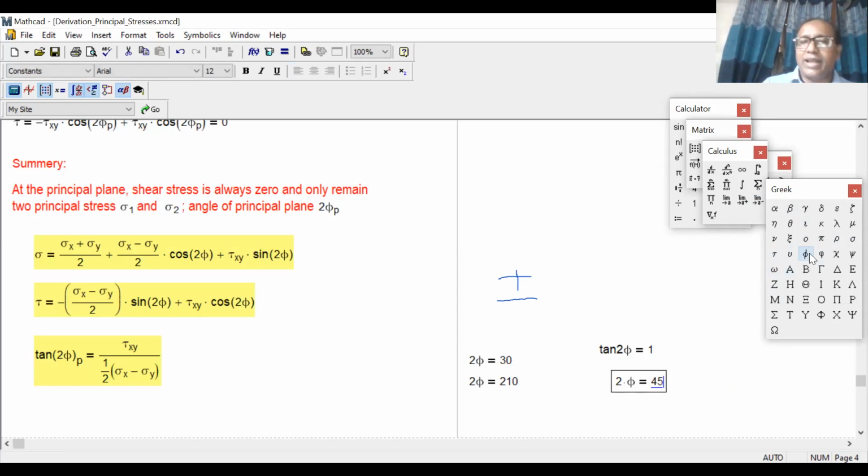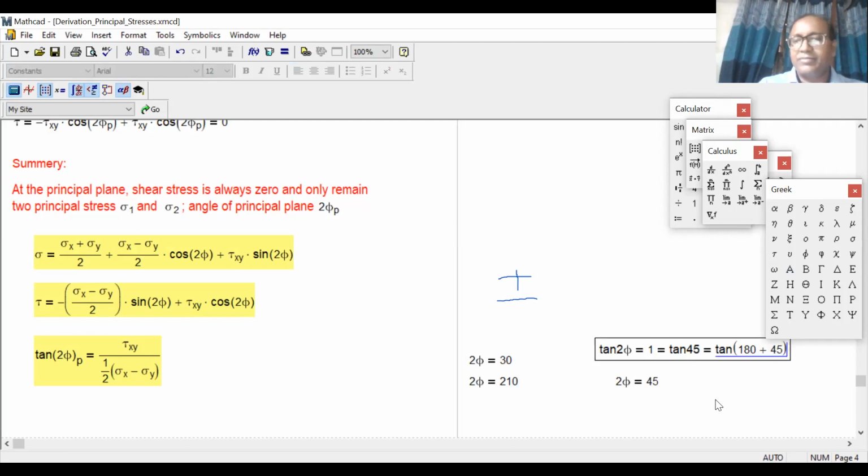Because tan 45 equals 1. Or I can say 180 plus 45, that is 225. If somebody writes 45, that is right. If somebody writes 225, that is also right, because both give you the value 1.